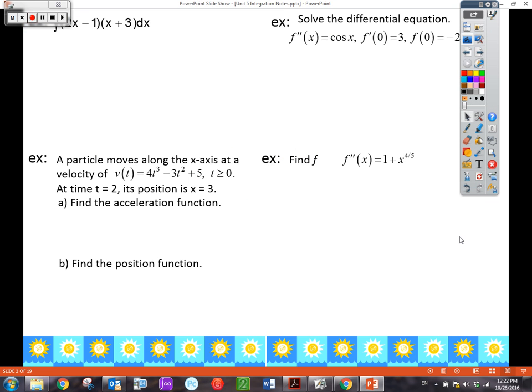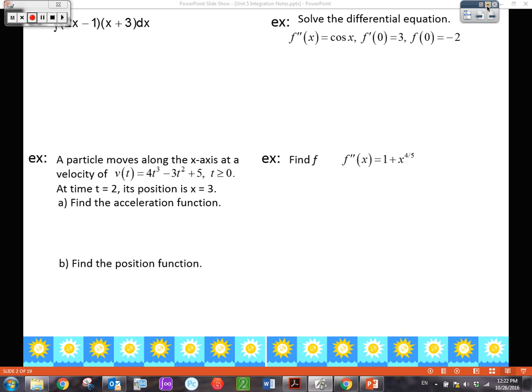All right, so let's do a couple of examples. So the first one, I guess it's kind of hard to see. That's the integral of 2x minus 1 times x plus 3. Right off the bat, we have something that some students might try to make up a rule to do. Do we have a rule that looks like that?